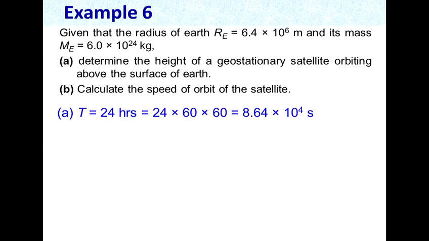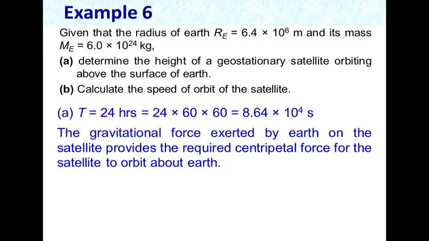You convert it to seconds. And this is the important statement you must write down before you write down the equation for circular motion. You must identify the force that is providing the required centripetal force for the satellite to orbit.